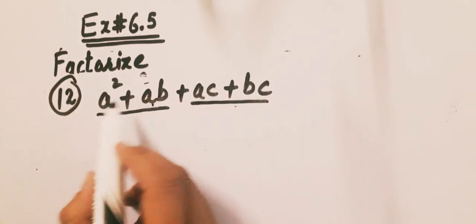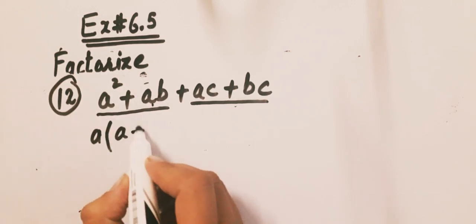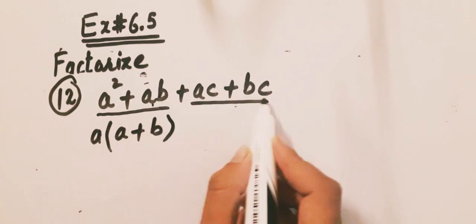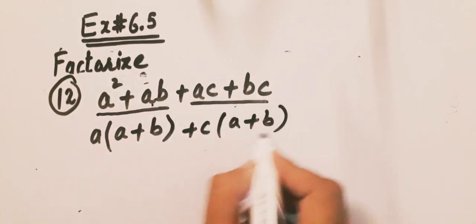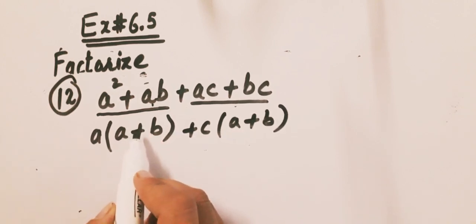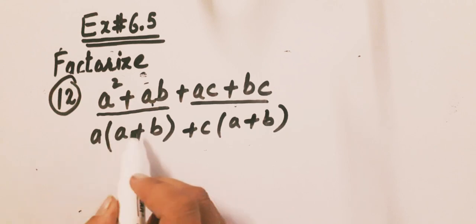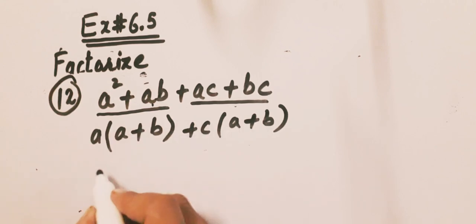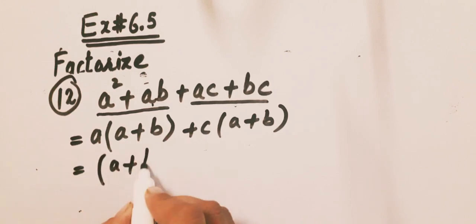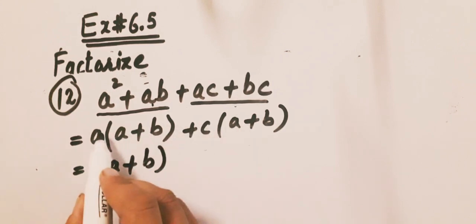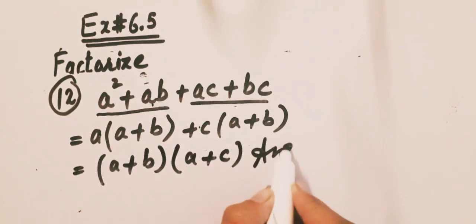In these two terms you will take a as common, remaining is a plus b. And in these two terms you can take c as common, remaining is a plus b. So a plus b is taken as common because a plus b is multiplying by a and multiplying by c. So in the next step you will take a plus b as common from these two terms and remaining is a plus c. So this is the answer.